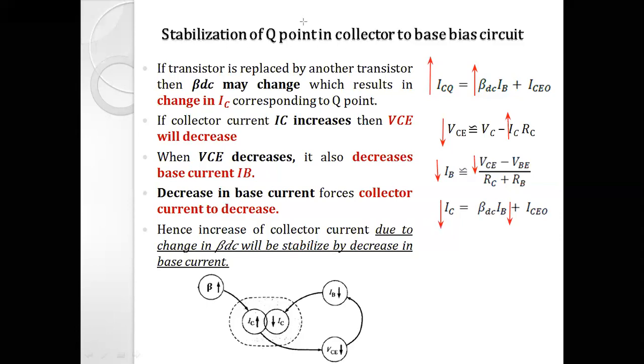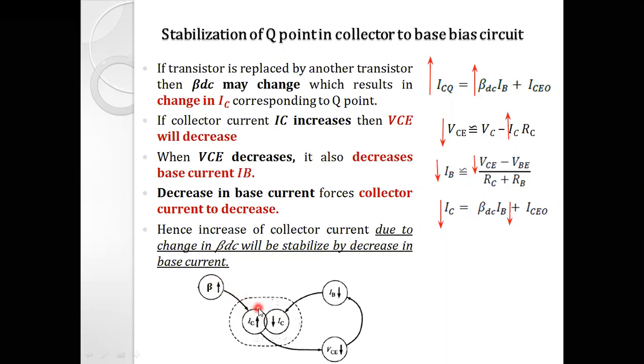So even though there is a change in beta due to replacement of the transistor in the collector to base bias circuit, there is no change in the operating point. The operating point is stabilized under this condition also. That phenomenon is also shown here without the equation.